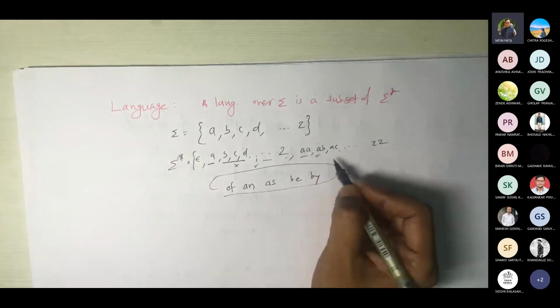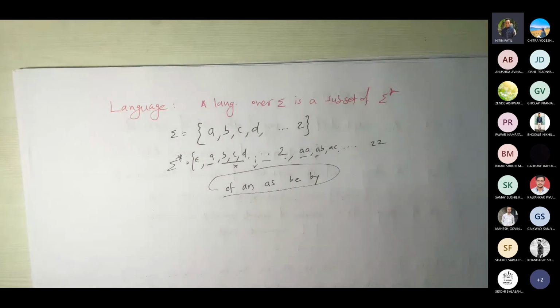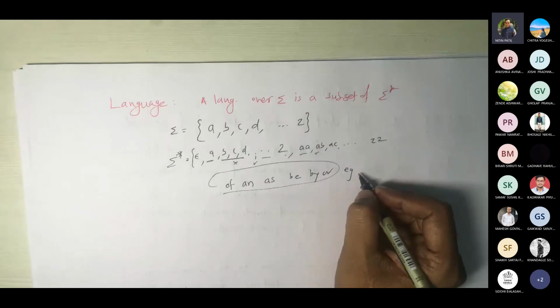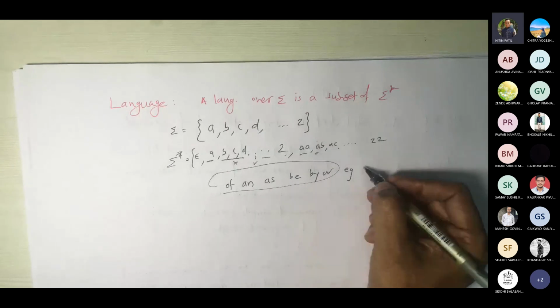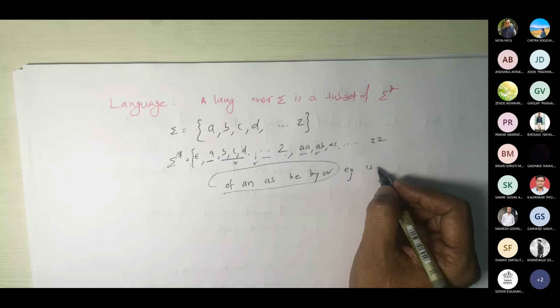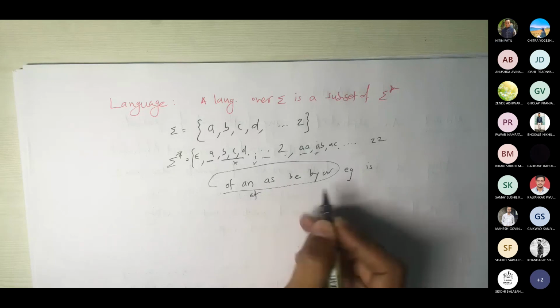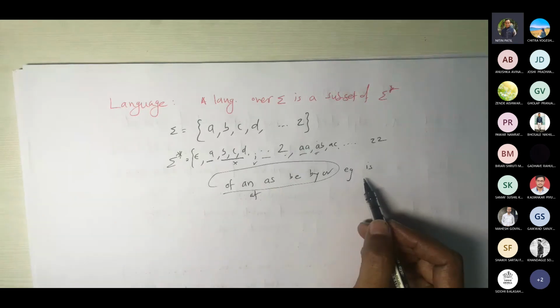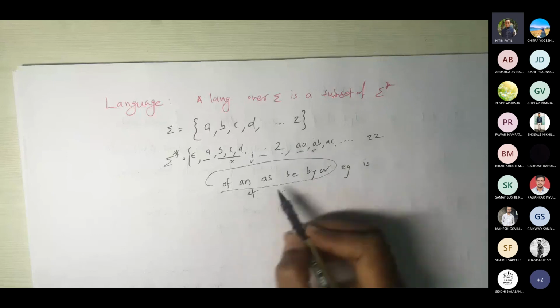AA, AB probably may not be part of it at all. Correct? Or EG, IS, AT. You can come up with many such more examples. Everything would not be part of it, but these would be.